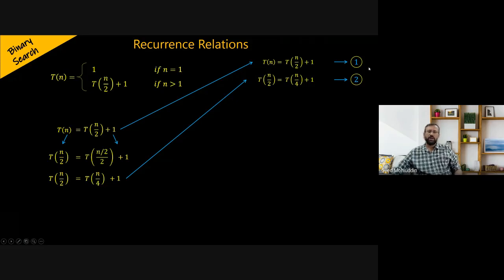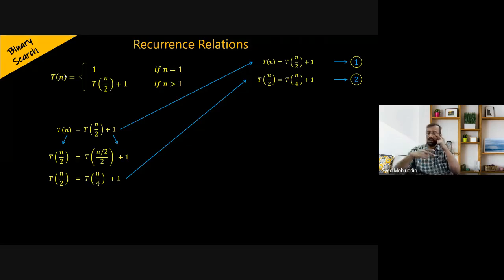Now what we will do is try to substitute in place of n. We will substitute n by n/2, because on the next level the collection is divided into 2.